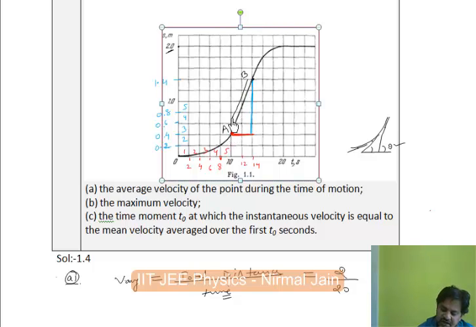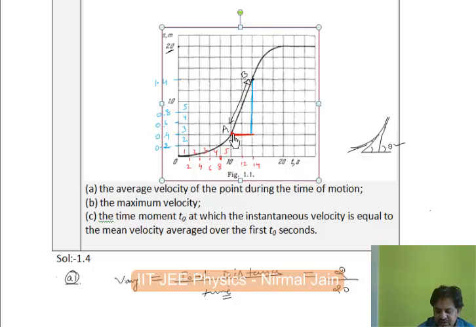After this, the segment is a straight line, so the slope becomes constant, and after this the slope keeps on decreasing. So the slope kept on increasing up to point A, then became constant. That is, the velocity at point A remained as it is as the particle moves up to point B, up to 14 seconds.